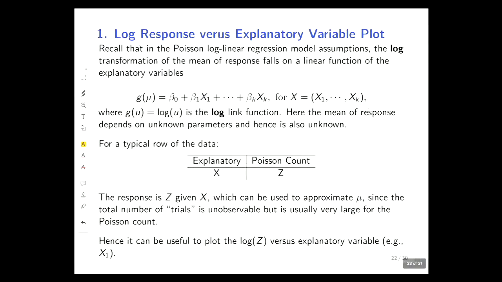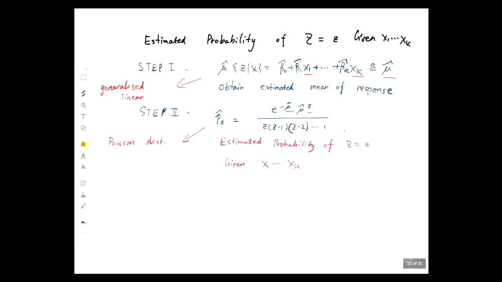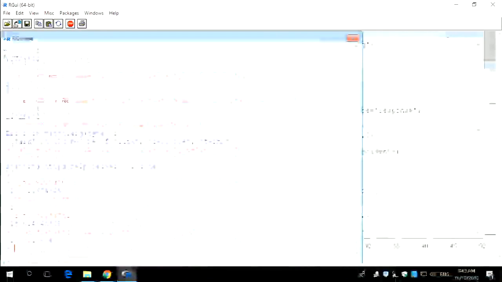And also we can use the three diagnostic tools to help us perform the diagnostics of the Poisson log linear regression model. Before we talk about that, firstly, I need to answer the questions from the discussion forum.